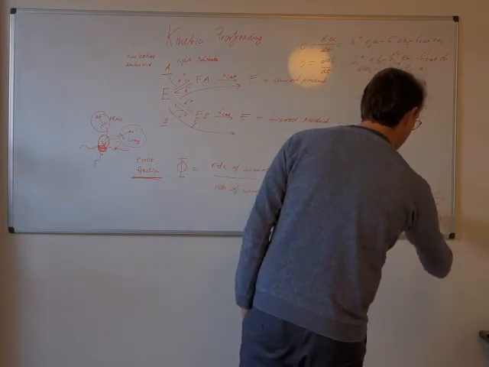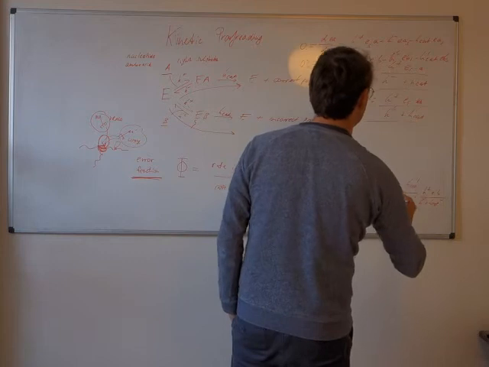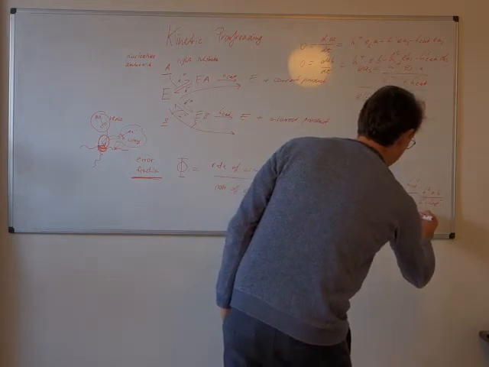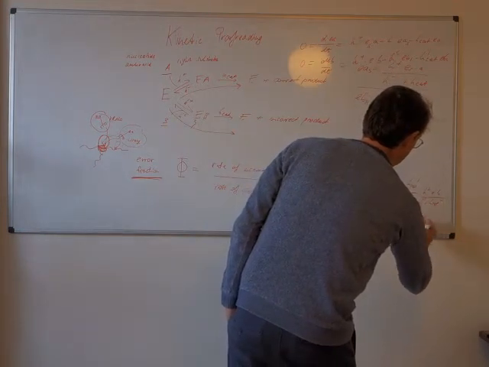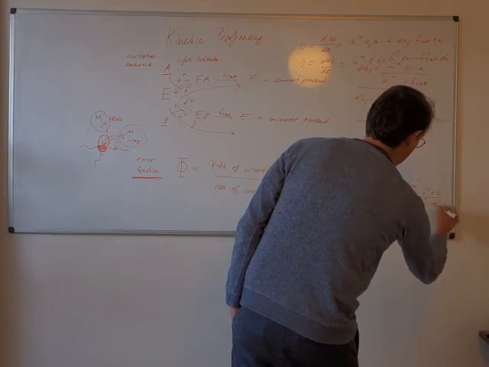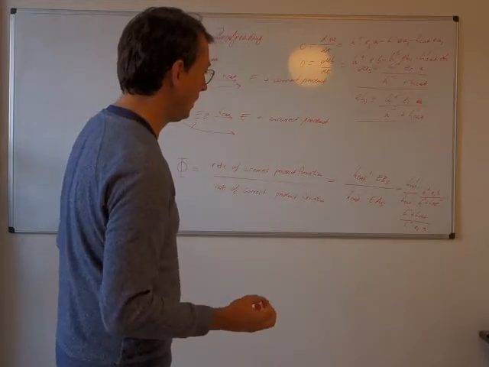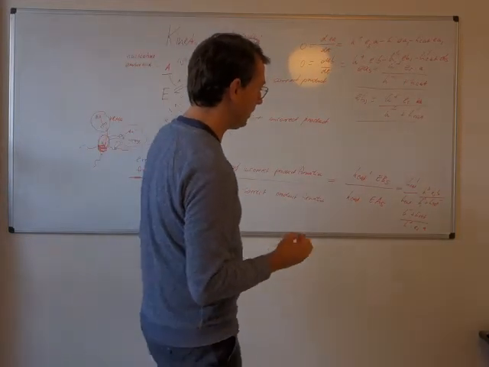And this we have to divide by EA. So that's the same as multiplying by its inverse. So k_minus plus k_cat divided by k_plus times E steady state times A.